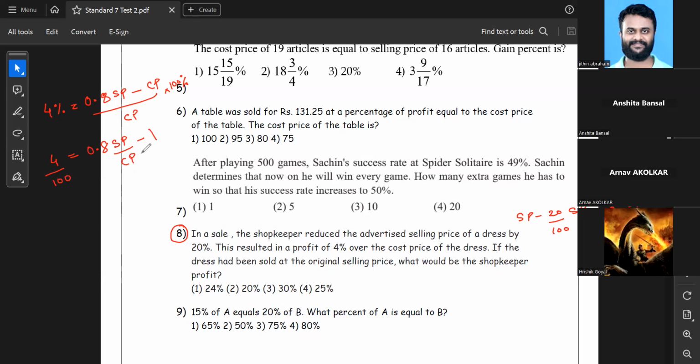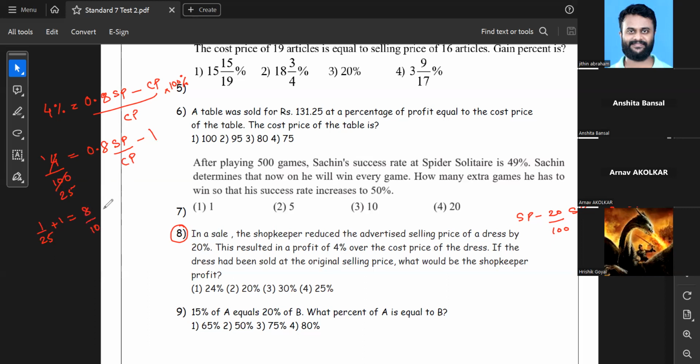SP upon CP is what will be helpful later to find the answer. So I take minus 1 to the other side and do some cancellation. Here I get 1 upon 25. So 1 upon 25 plus 1 is equal to 0.8 SP upon CP.